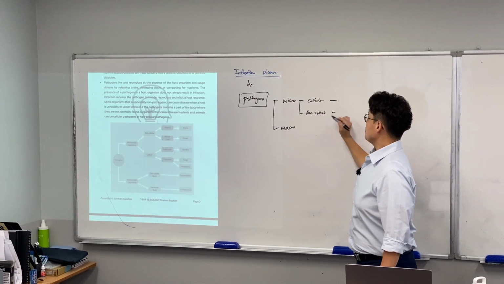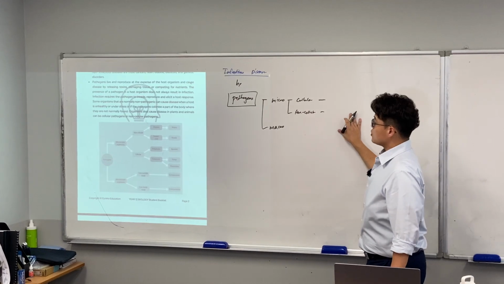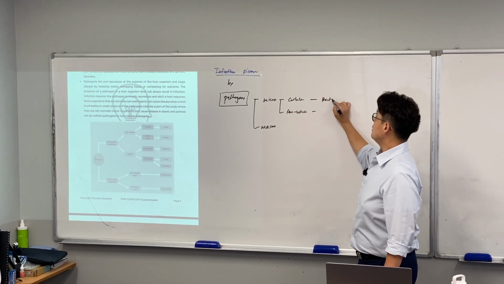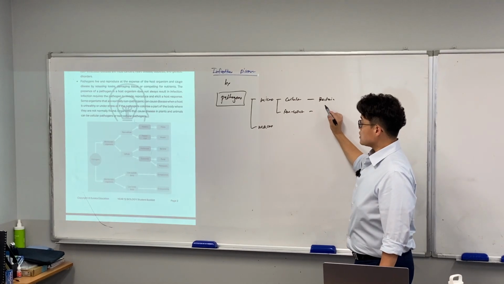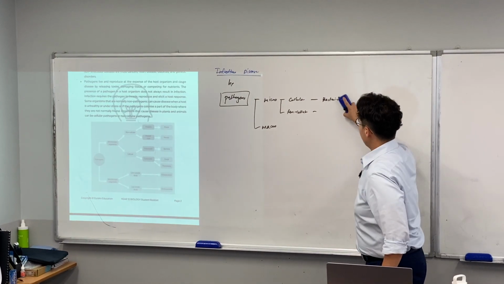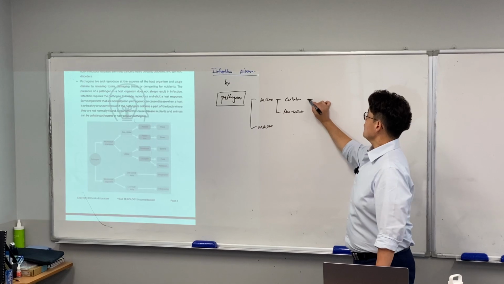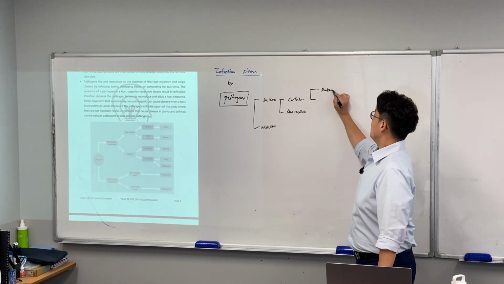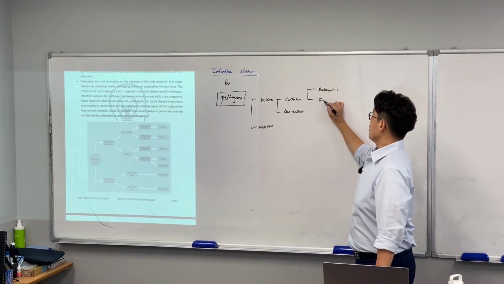Now, a perfect example of a cellular micropathogen is, as you know, some bacteria or fungi. In the cellular and non-cellular, we can be prokaryotic or eukaryotic.